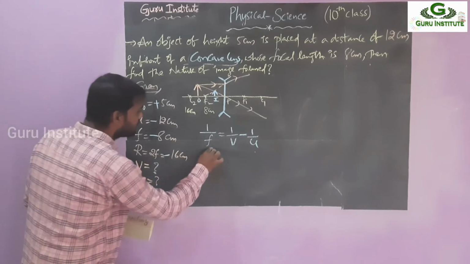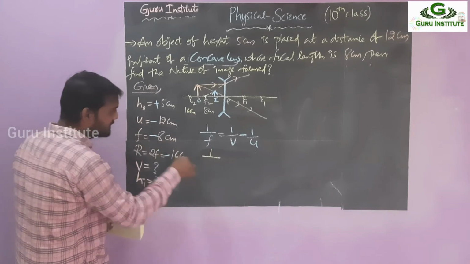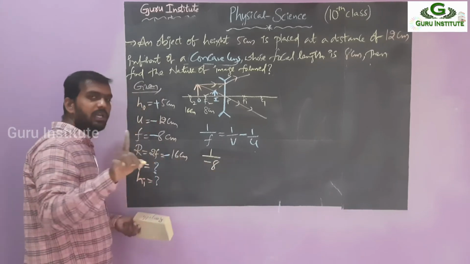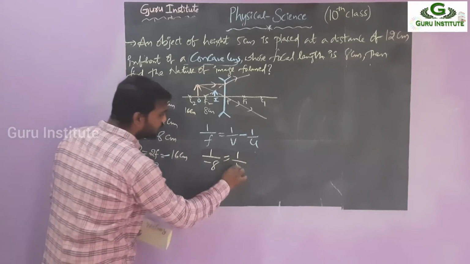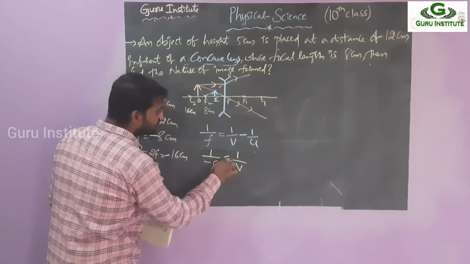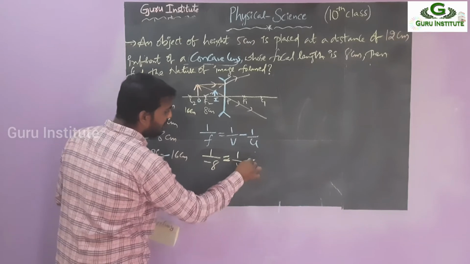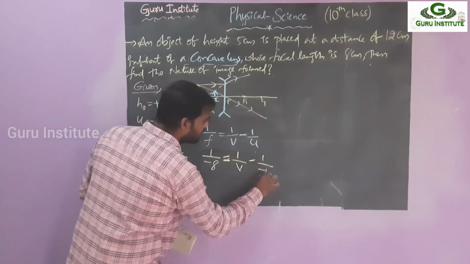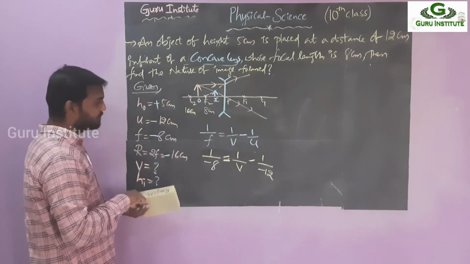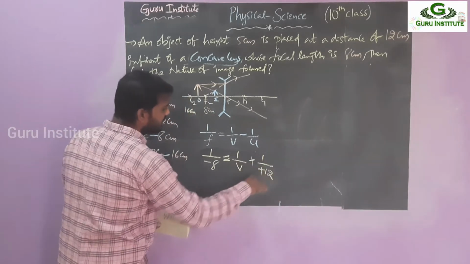1 by F is what? Minus 1 by 8. Always apply the sign convention for unknown terms only. 1 by V we don't know. That is equal to minus 1 by what is the U value here? Minus 12. Again the same, minus minus get cancelled.